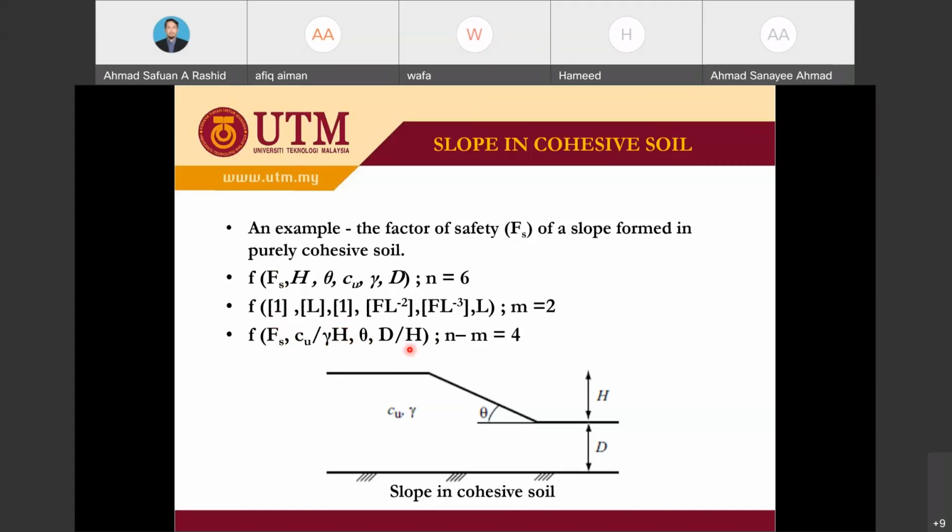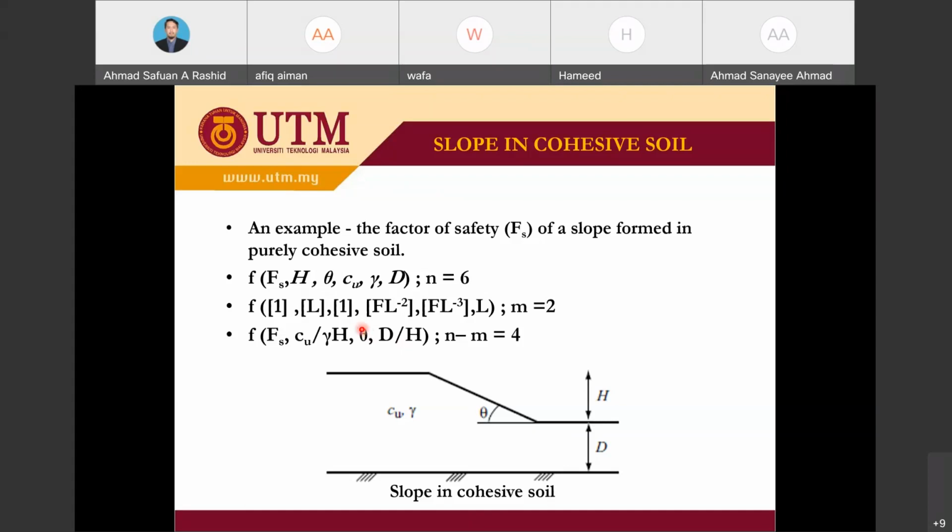Then from there we need to generate another equation, because we already have used H, and our intention is to look at the stability number based on the H of the slope. So we come up with another, D over H, for the last equation.